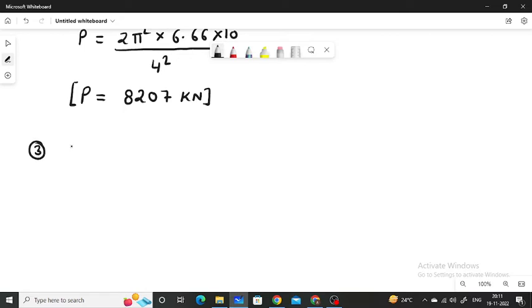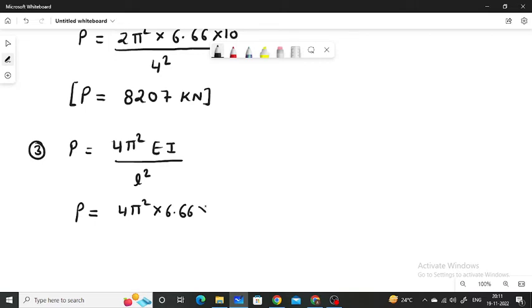And crippling load when both the ends are fixed will be equal to 4 pi square EI upon L square. It will be equal to 16,432 kilonewton.